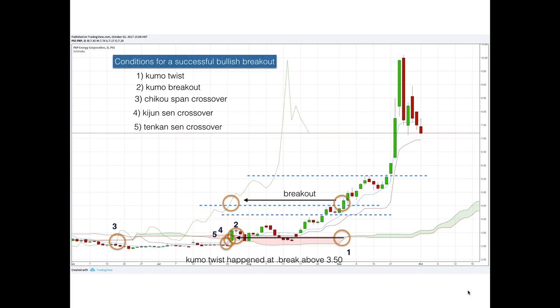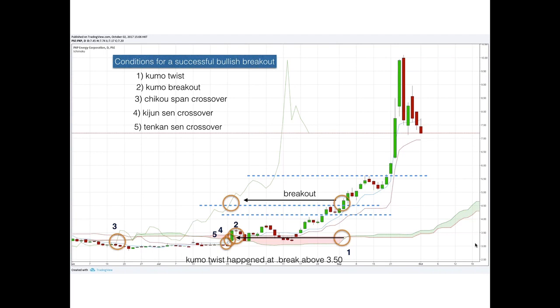Now, if you compare this chart to IMI or MAC, PXP's move was so strong that the Tenkan-sen and Kijun-sen were not able to catch up to each other during its run. The Tenkan-sen went solo, and price bounced off the Tenkan-sen many times and made breakouts without waiting for the Kijun-sen.